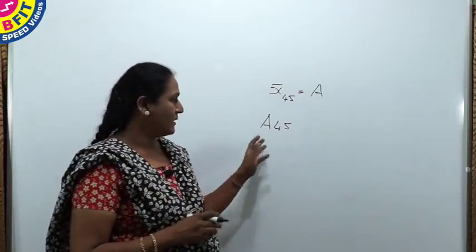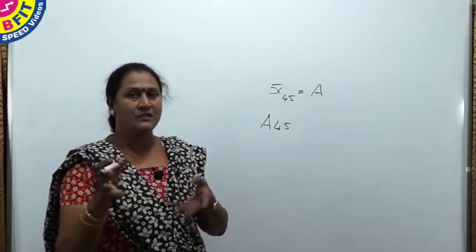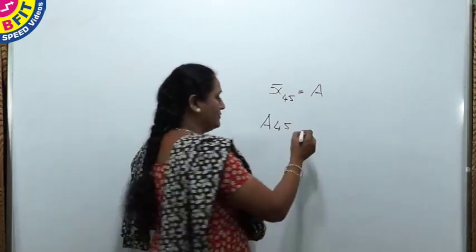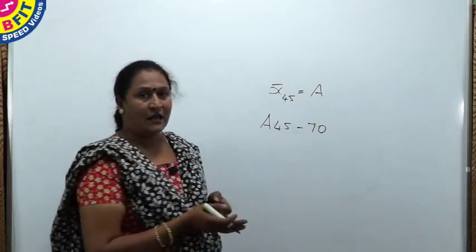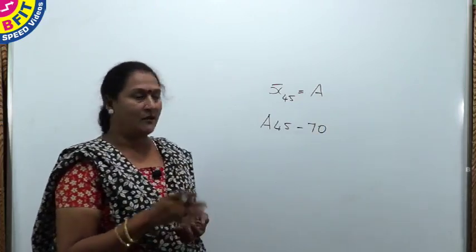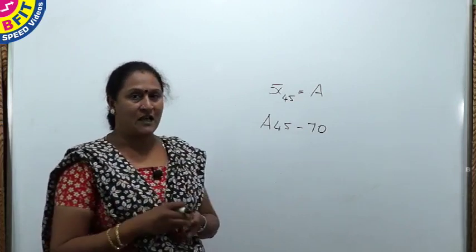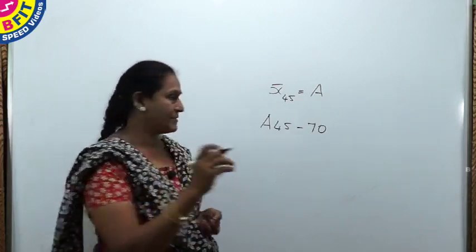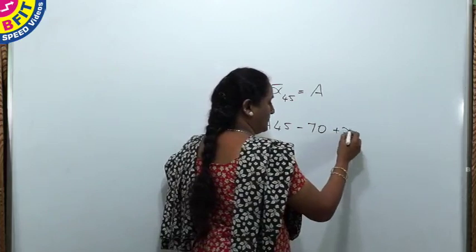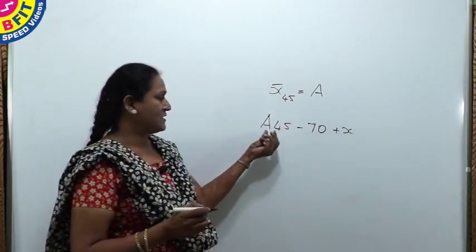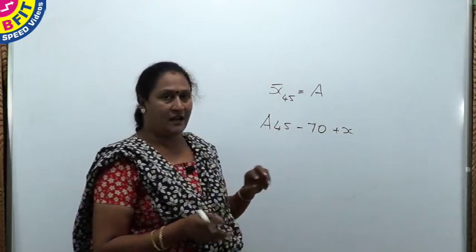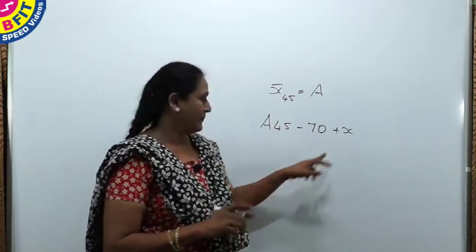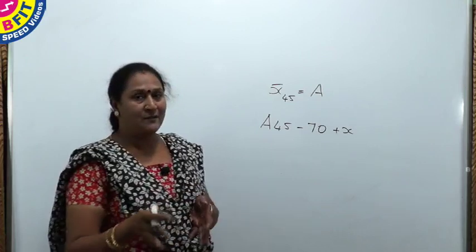From this sum, we remove a box which weighed 70 kg, and now we add a new box, whose weight is asked, so we take that as X. That's what we have replaced.